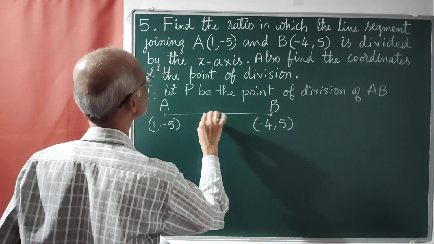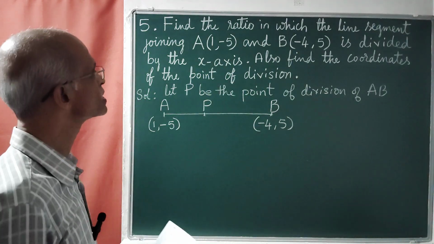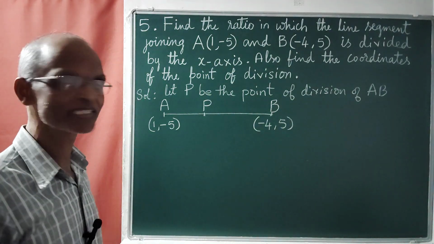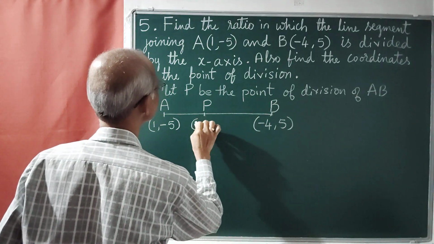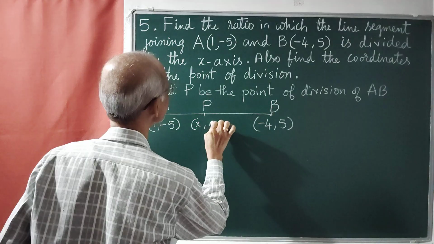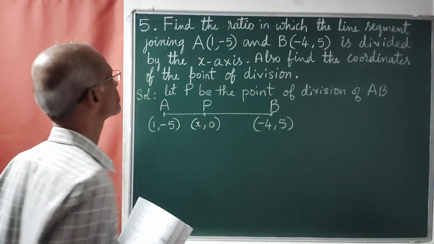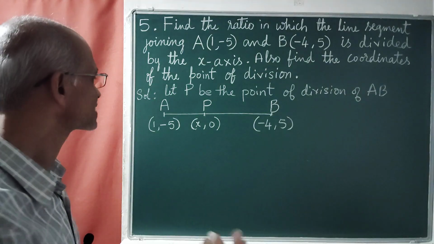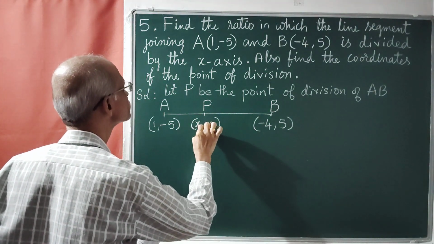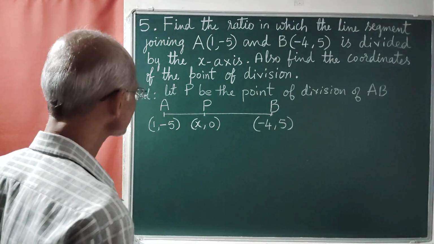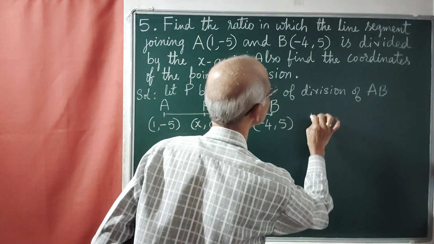Now this is the point of division, that is P. Since P lies on the x-axis, the y coordinate will be 0 for P because it is lying on the x-axis. So let P divide AB in the ratio m1 is to m2.